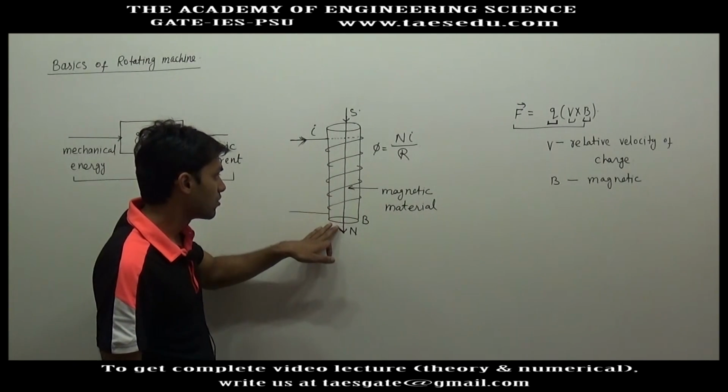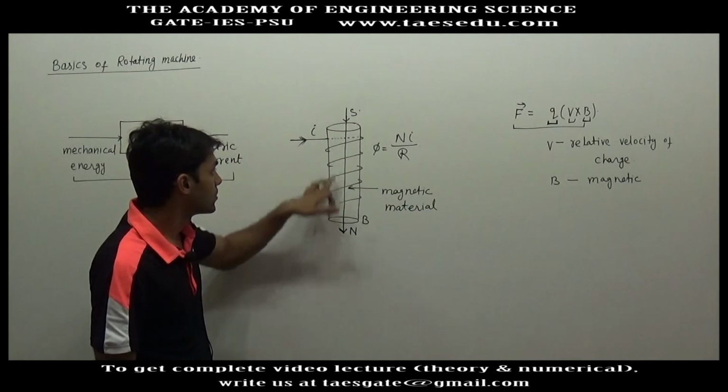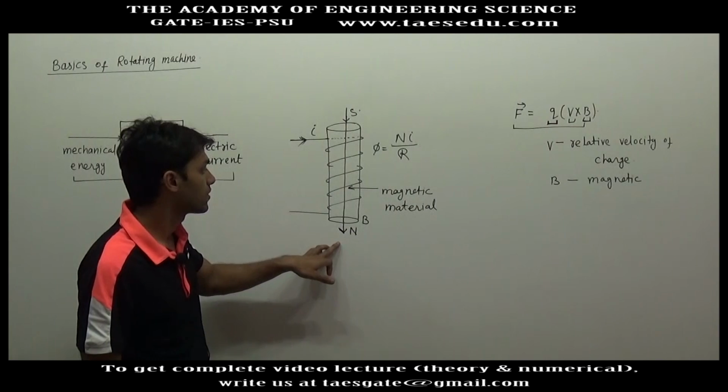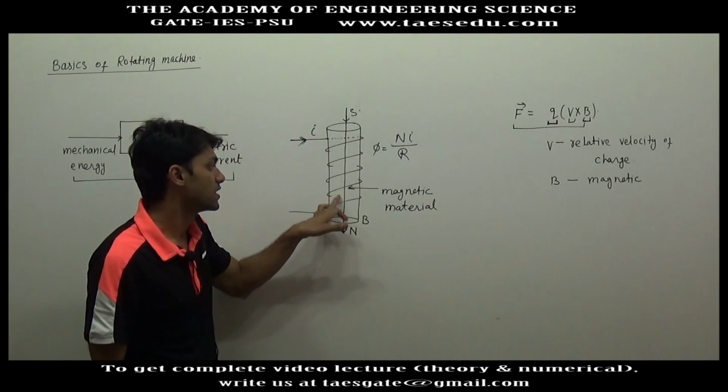This magnetic field belongs to this electromagnet only. So based on this direction, the north pole and south pole of this electromagnet will be decided.